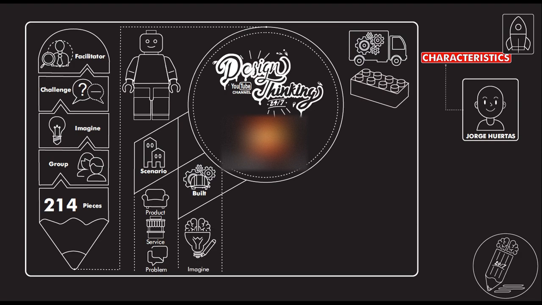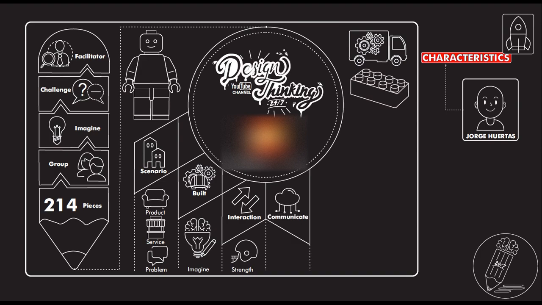And building is very important because here you have to use your imagination, and all the members of the group will have to interact and speak up. The interaction is very important because here you will see the strengths and weaknesses of the situation, and you start realizing what you can do now, because here you will be role playing with the different pieces of the set.